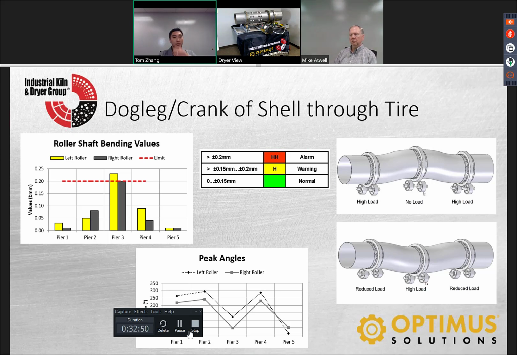This one, in order to correct it, so the question is, how do we correct it? A correction cut, you're trying to relieve that bow or the crank at the shell to get it to where it's straight at one location. This is different than alignment, because alignment is pushing the tire itself. This one is just the natural deformation of the shell if you were to align everything.